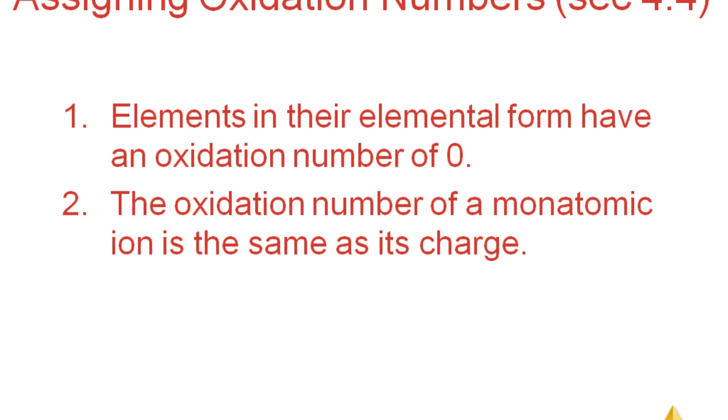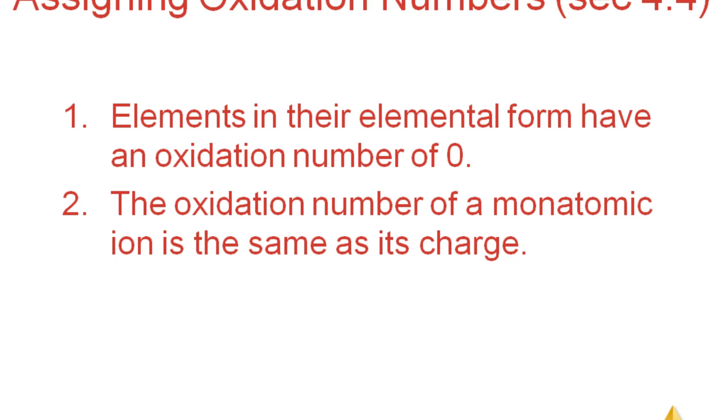So say for example, K plus has an oxidation number of +1. S2 minus has an oxidation number of -2, and so on. Now it further says the alkali metal ions or group 1 metal ions always have an oxidation state of +1. They also form 1 plus ions all the time, right?